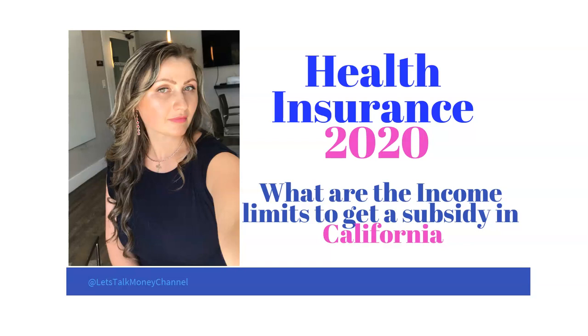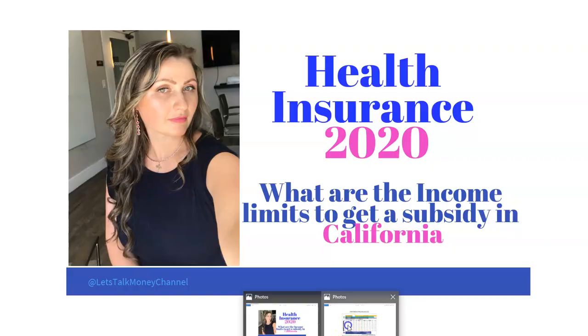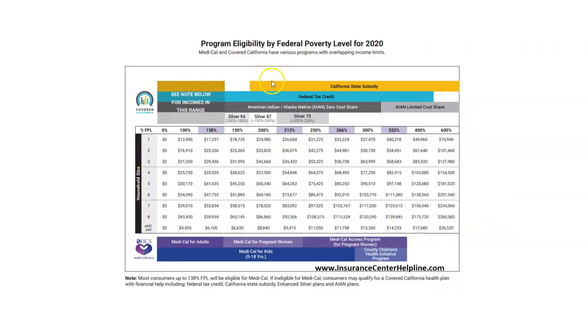So before we look at the calculator, let's just take a look at the table. I had it prepared. Here we go. And this is a very helpful tool. I reference this many times while working with my clients. Basically, using this table, you can easily look at the household size, so that's the household size right here, and your income.